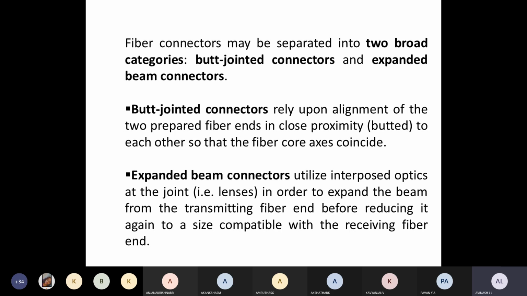If you take two fibers in very close proximity, their core axes will coincide. When the core axes coincide, the signal which is passing will stay in the same axis, so that there will be no discontinuity. That is called butt jointed connectors.